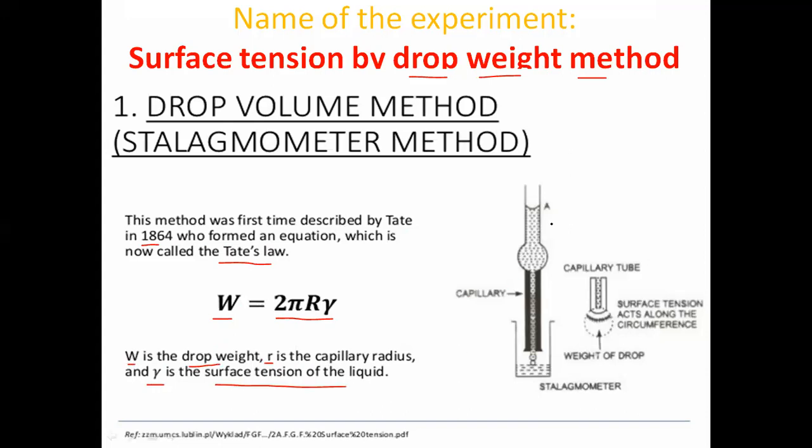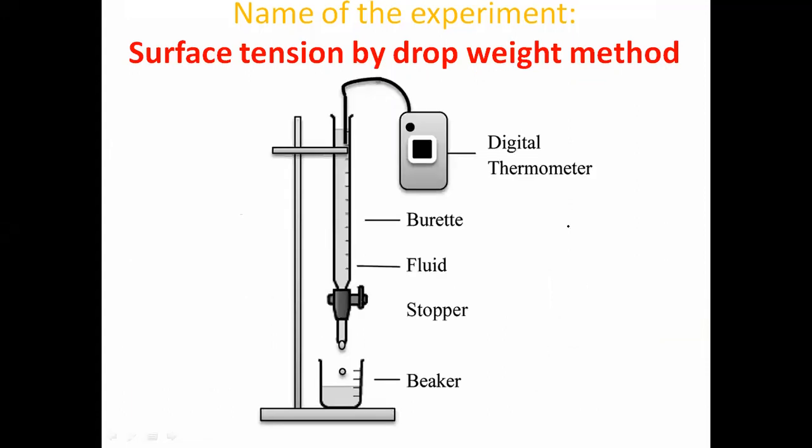So here is the experimental arrangement where the capillary tube is there, and the weight of the drop is as shown in this diagram, and you have to collect 25 drops inside the beaker or dish, whose mass is to be measured with the help of a physical balance. So this is the simple arrangement used in our laboratory.